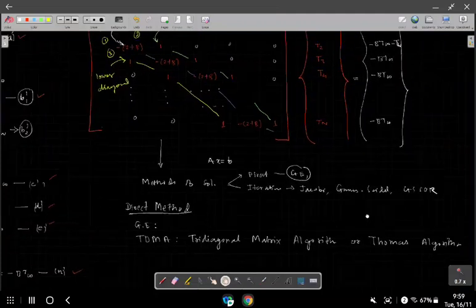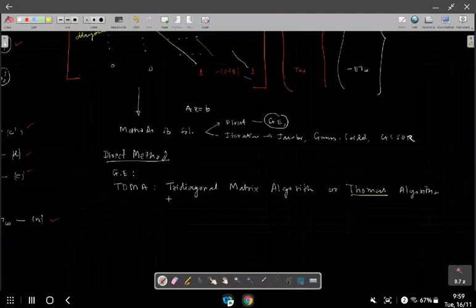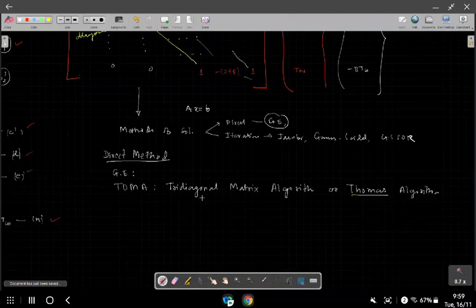It was given by a scientist named Thomas, and is popularly called the Thomas algorithm or tridiagonal matrix algorithm.